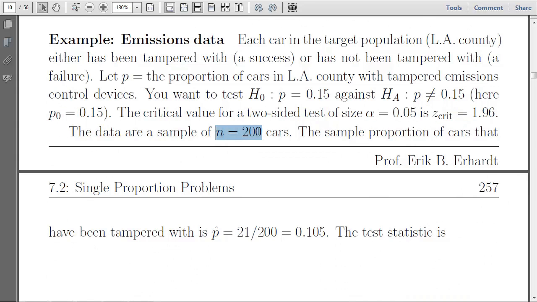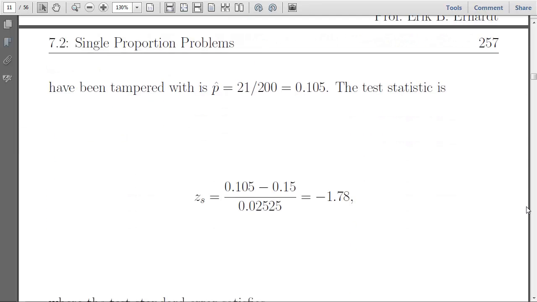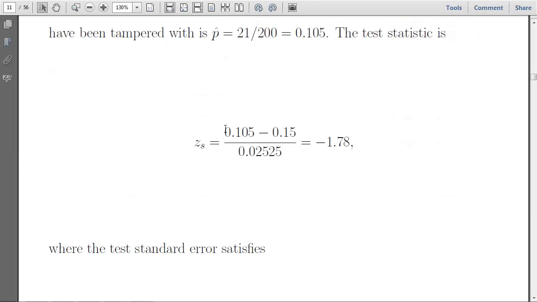We observed 200 cars, and 21 of them were tampered with, giving an estimated proportion of 10.5%. If you calculate our Z statistic, we have our observed proportion of 0.105 minus our hypothesized proportion, 0.15, divided by a standard error that we calculated. I didn't show you that calculation, but there it is. Our Z statistic is negative 1.78.